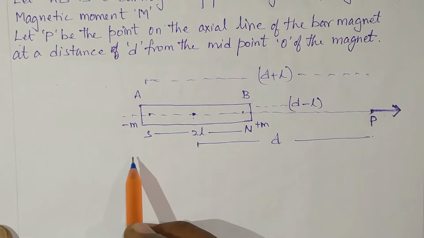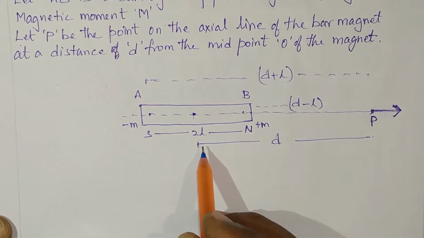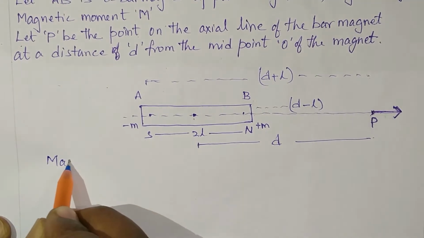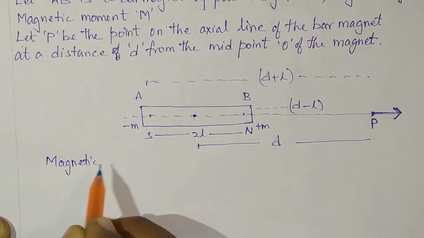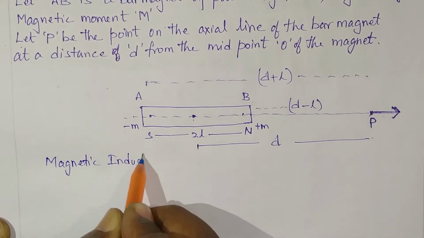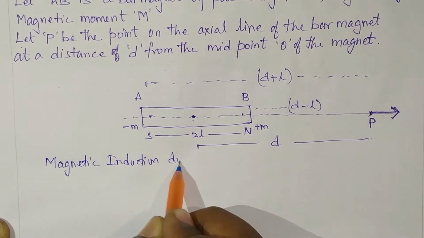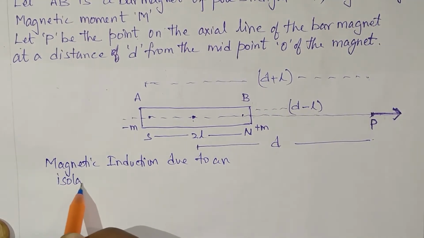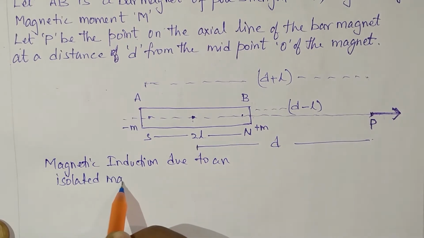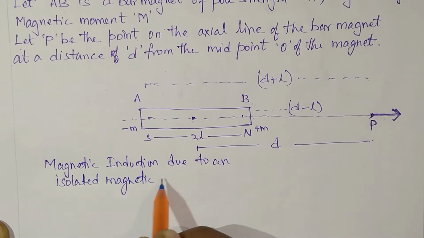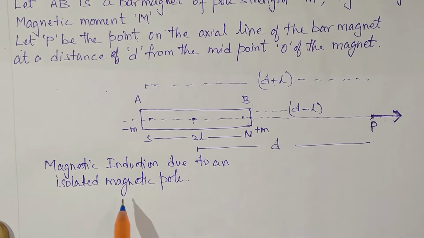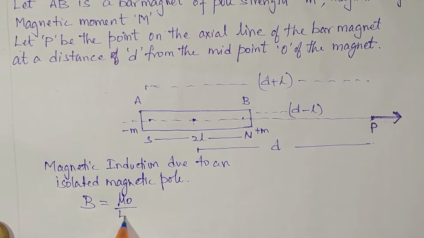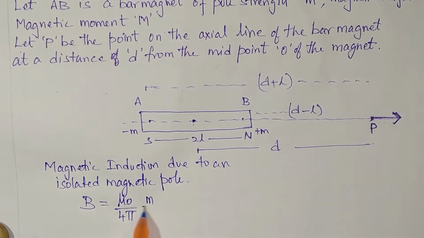Now we know the magnetic induction at a point due to an isolated magnetic pole. So what is the formula? It is B is equal to mu naught by 4 pi, m by r square.